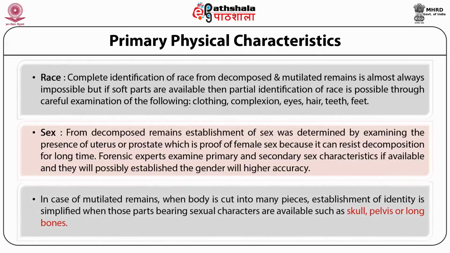In case of mutilated remains, when the body is cut into many pieces, establishment of identity is simplified when those parts bearing sexual characters are available, such as skull, pelvis, or long bones.